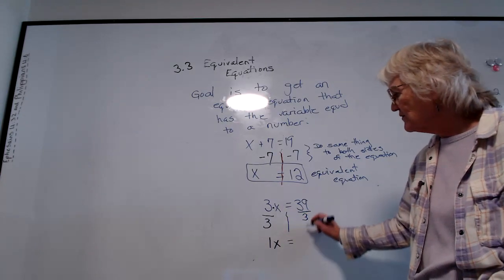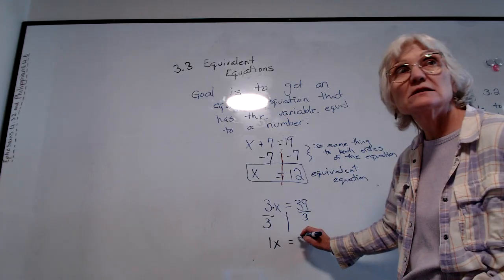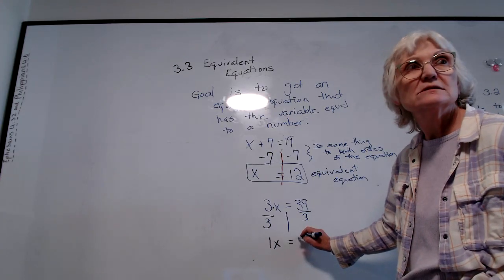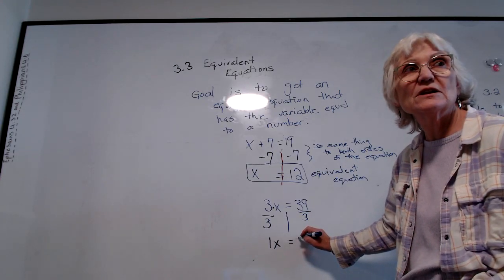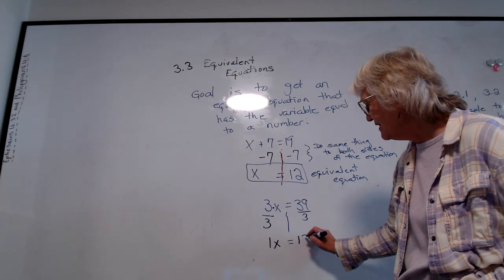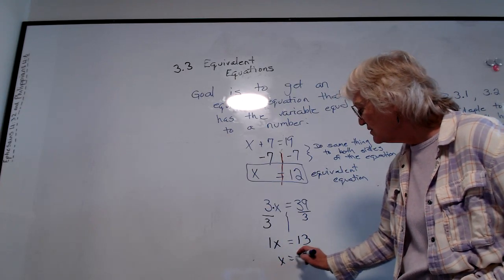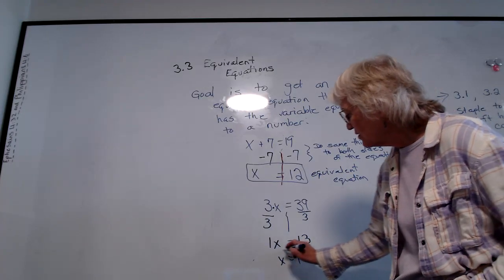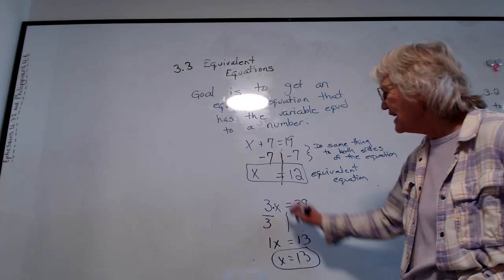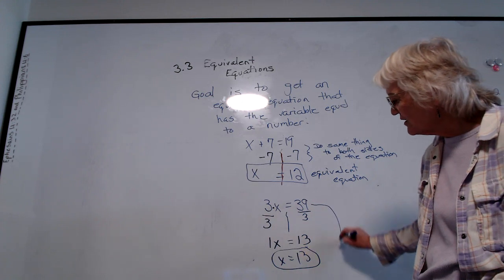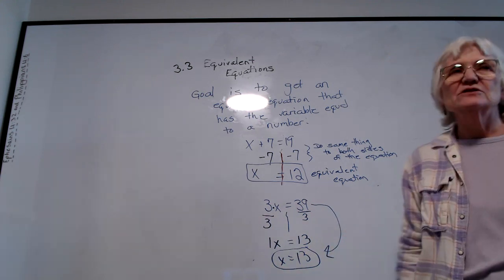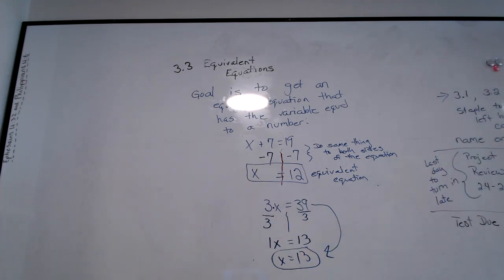So 39 divided by 3 is, anybody know? 13. So 1x is the same as x equals 13. So I have now found out what the answer is, but these are equivalent equations because as long as you do the same thing on both sides, they stay equivalent.